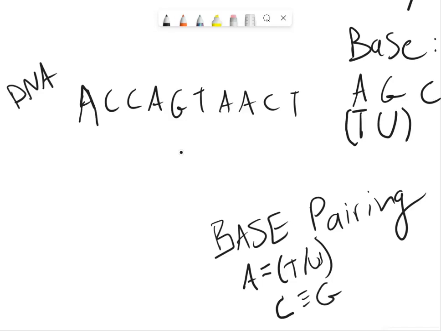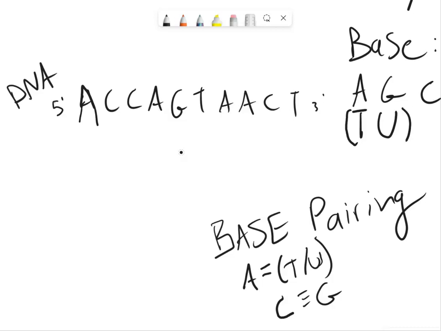DNA is also directional, so I can't stop myself, but you don't have to. Write a little 5' and a 3'. That tells us the direction it goes, the direction it's made in. And so if I make the opposite strand of DNA, I have to follow these rules.